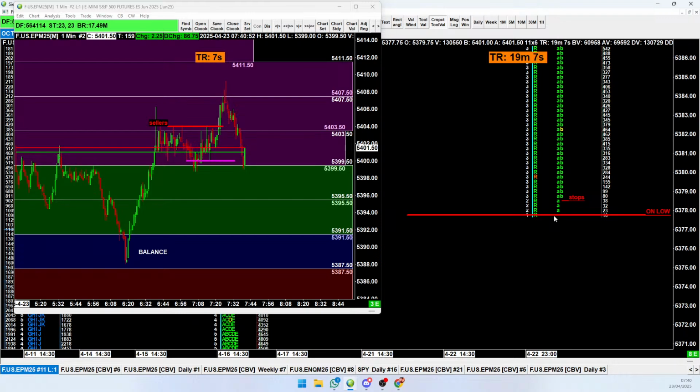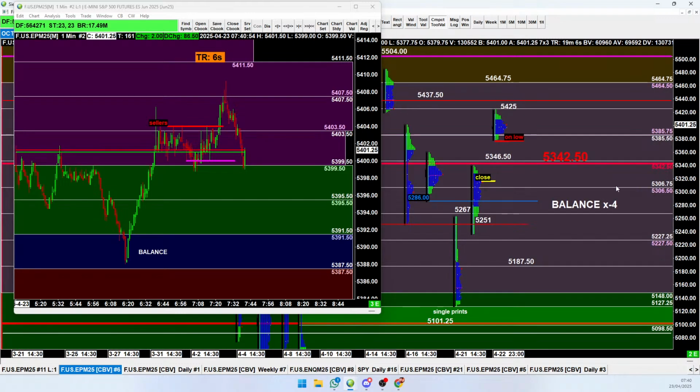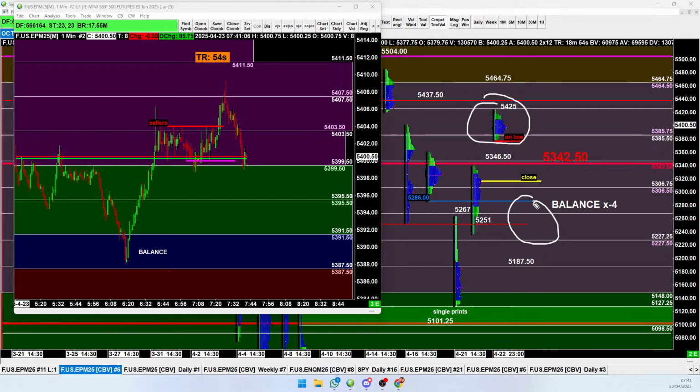How do we define long and short inventory? Very simple. You look at the close of the previous day, and then you look at the trading. Is it above the close or below the close, or back and forth over the close? So this is long, this is short, this is mixed.